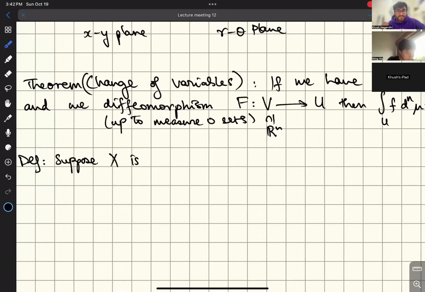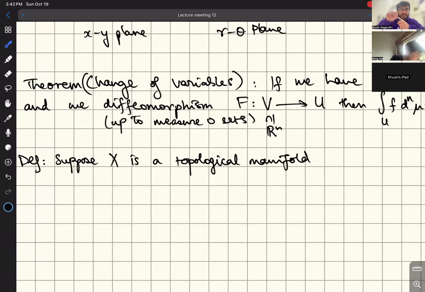Suppose we have a topological manifold. Do you remember the definition of a topological manifold? I have to go back and check, but the idea is that at each point you look like Euclidean space, and globally you can separate points with open sets, and you have a countable basis.